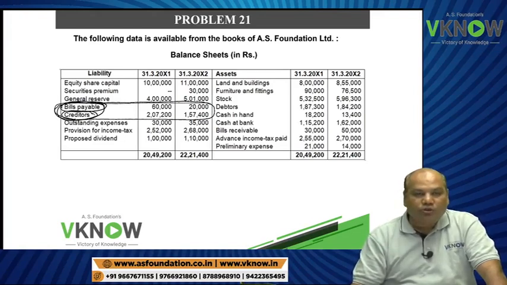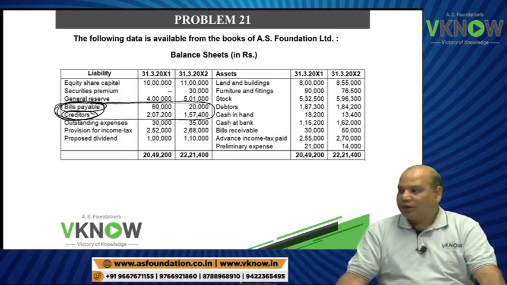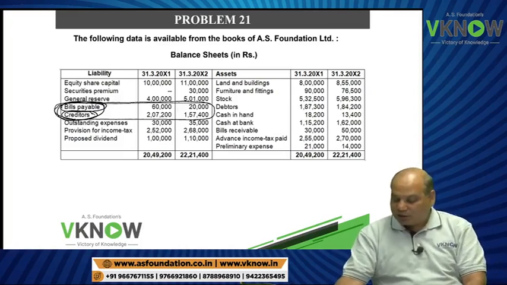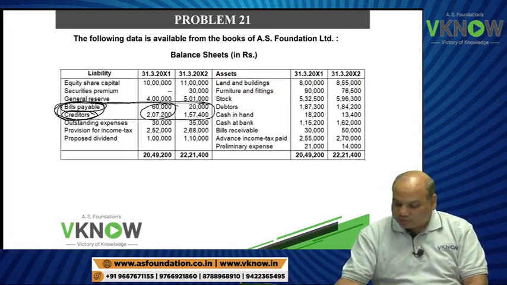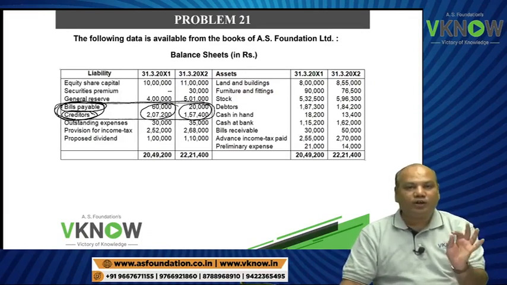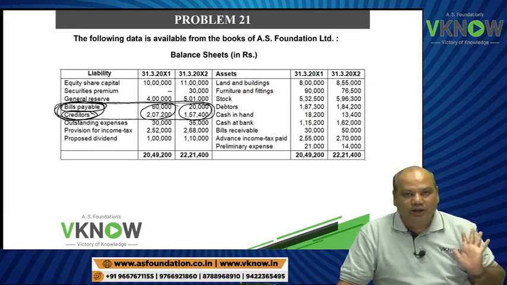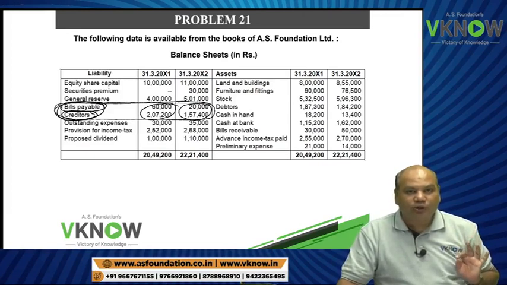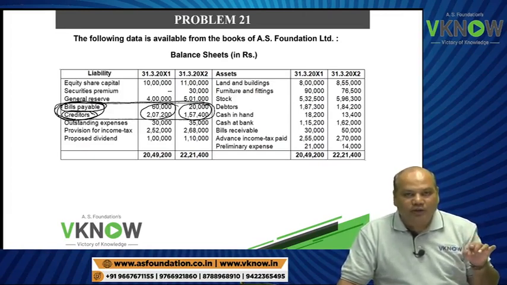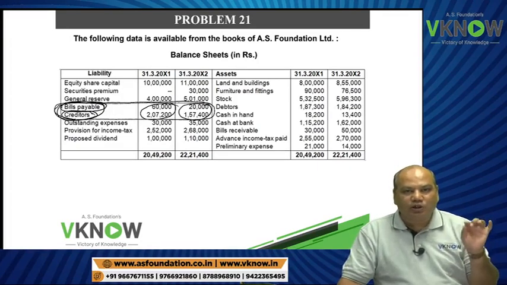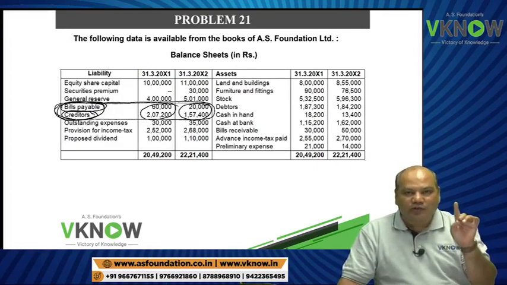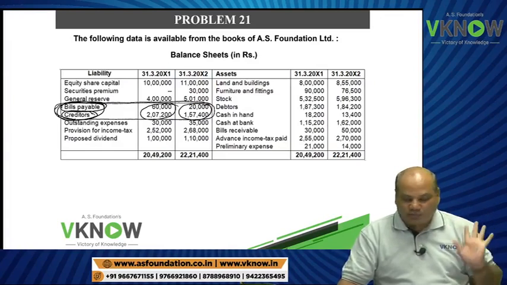We don't know how much was separately paid for bills payable and to the creditor, but if I consider them together, I can find out the payment made to creditor. So I will treat bills payable and creditor as one unit.